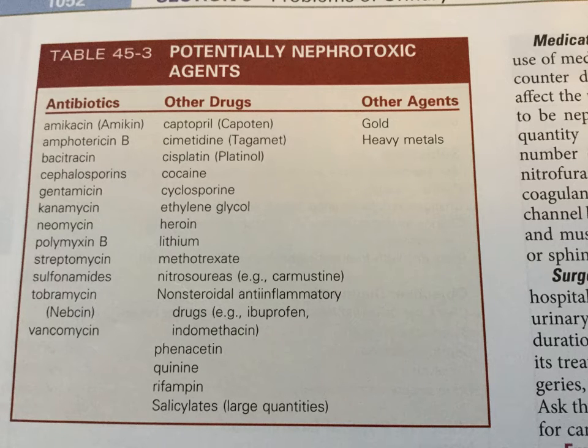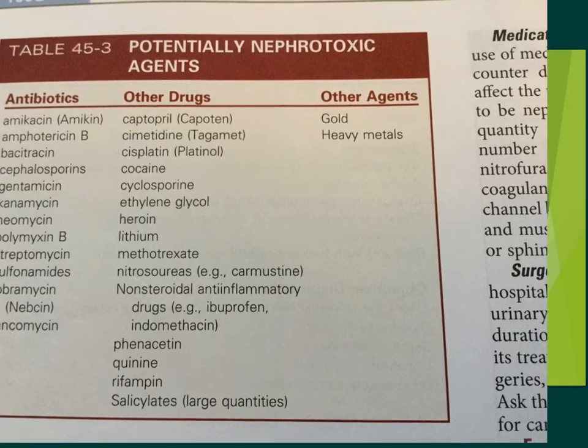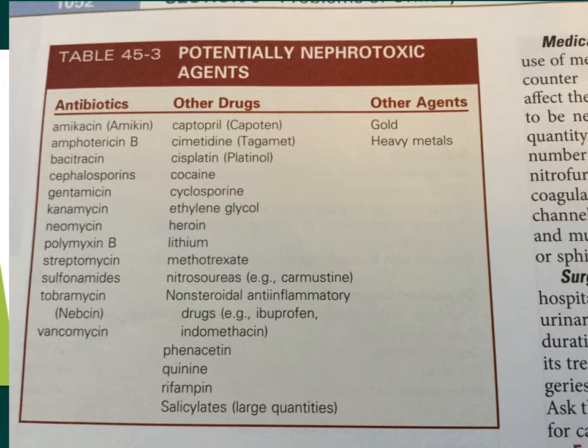This is something that will be tested frequently throughout MP2, and you'll notice, for instance, that some of the ones that are common would be the sulfonamides, the cephalosporins, a lot of the antibiotics, Tagamet, methotrexate. This is really the non-steroidals, such as ibuprofen. But yes, you just need to go ahead and learn these now.